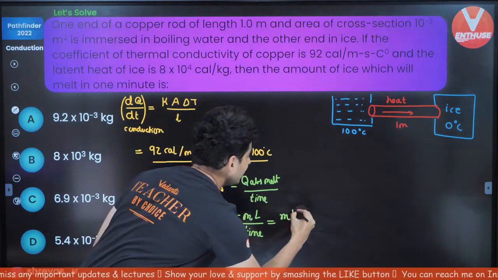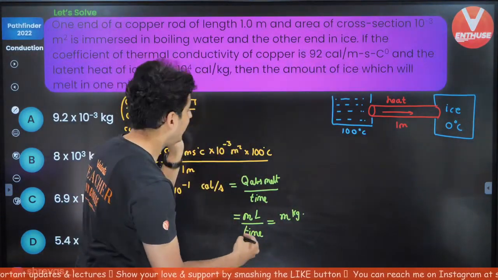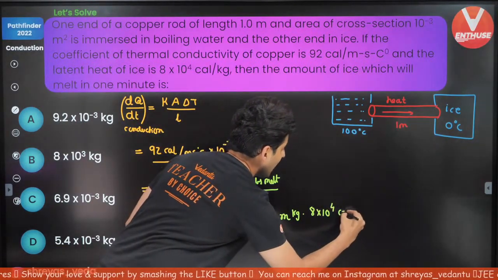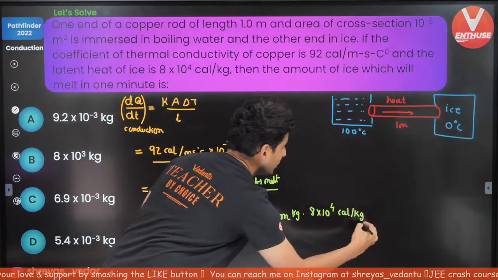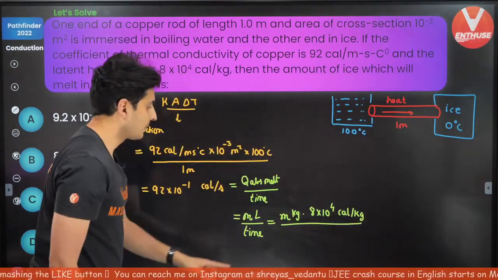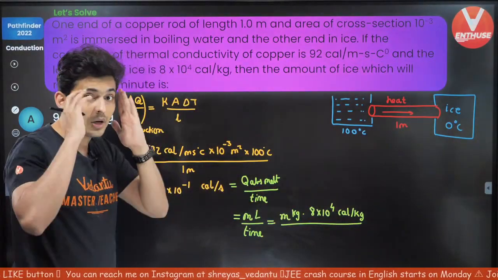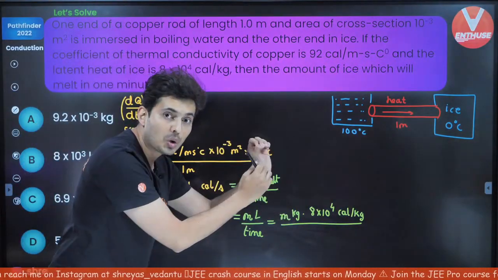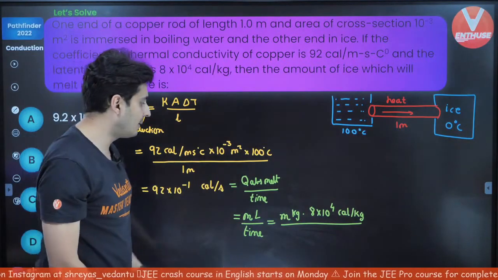So M will be in kg only. So L is 8 into 10 to the power 4 calories per kg. Do you see this kg and this kg cancel out? Last thing over here, kg cancels, 1 calorie is there, because remember LHS, the yellow part, has calories. RHS should also have calories. That's what is in my mind.